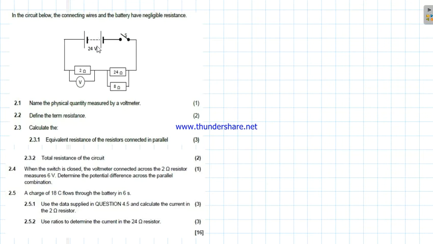We have a 12-volt battery here. We have a switch that's open and a 24 ohm resistor, 8 ohm resistor and 2 ohm resistor. A voltmeter connected across the 2 ohm resistor. So the first question says, name the physical quantity measured by the voltmeter.